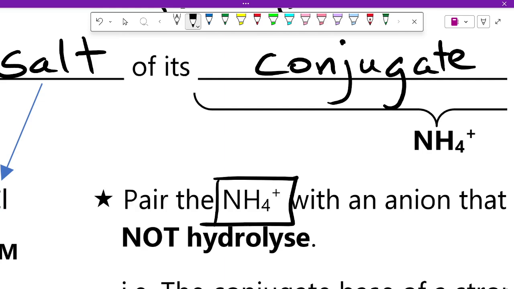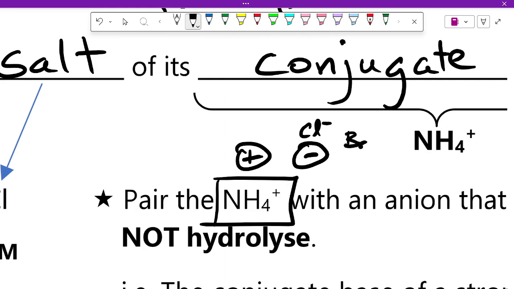But isn't that one of the ingredient ones? Yes, but I want to pair it with something that will not hydrolyze. This will hydrolyze. I want it to be paired with an anion because it needs to be a salt. Yes, we've got our positive ion. What I'm saying is what's going to be our negative ion that it goes with. Yeah, you could use Cl. Anything else?